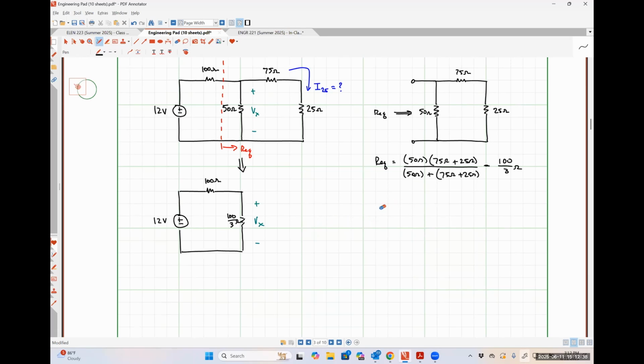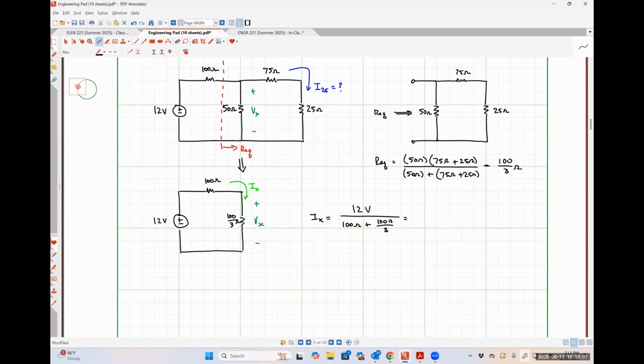I'm going to call the current, sorry, I was about to do voltage division, which we haven't learned yet, so my apologies. I'm going to find this current, which I'm going to call Ix, first. So Ix is going to be 12 volts over 100 ohms plus 100 ohms over 3.